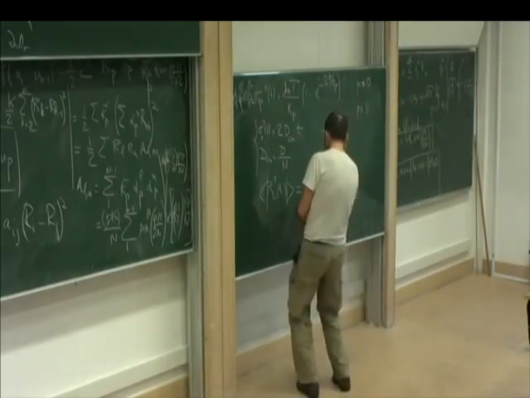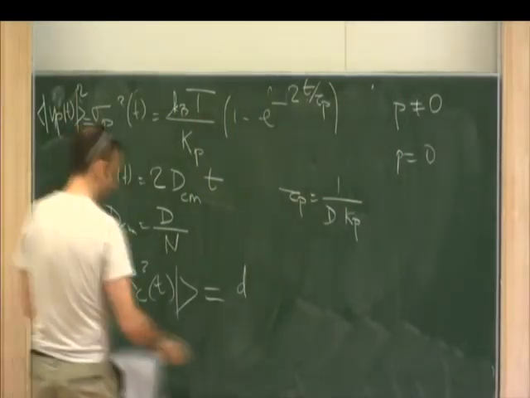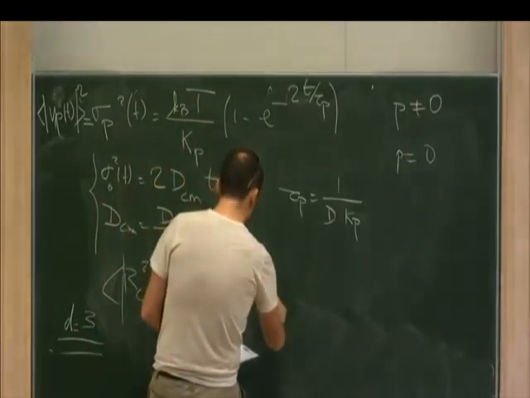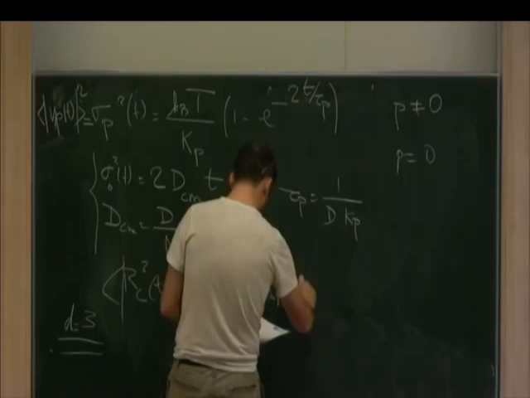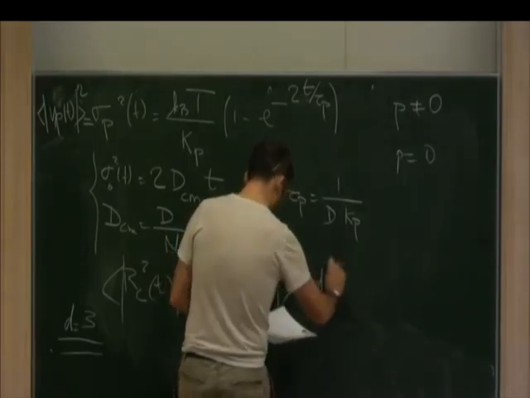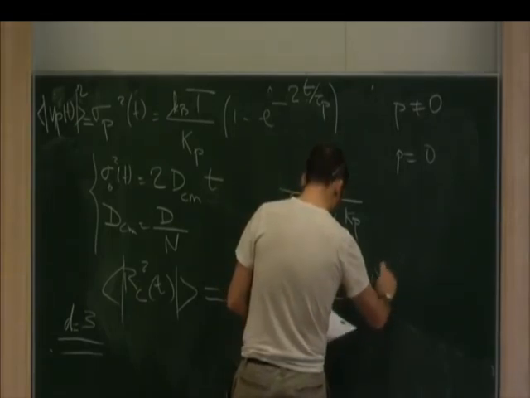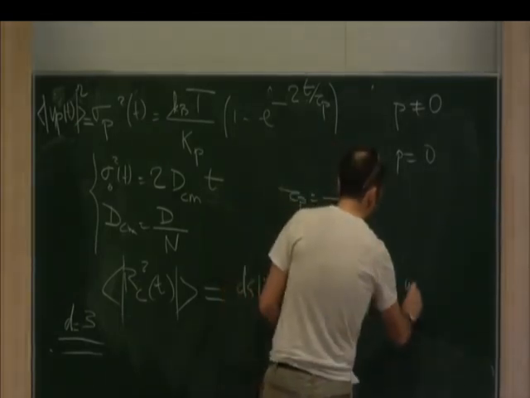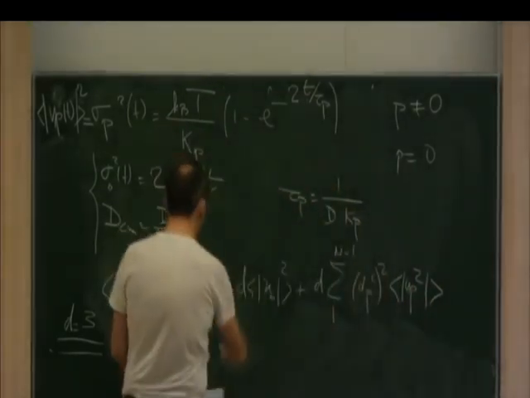So it's equal to d, the dimension, for example d equals 3, times u0 squared, plus d times the sum from 1 to n minus 1 of alpha p c squared multiplied by the average of u p squared. And now we just replace everything here.